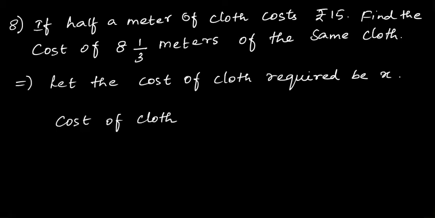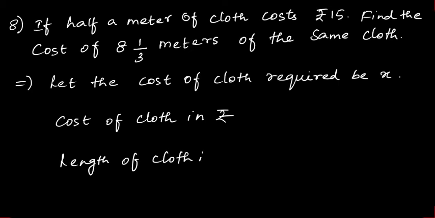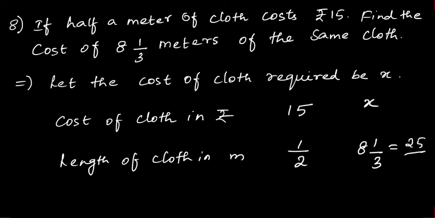We'll write in a tabular column: cost of cloth in rupees, then length of cloth in meters. So for 15 rupees you get half a meter of cloth. To buy 8 1/3 meters we require x rupees. So 8 1/3, when you convert, you will get 25 by 3.